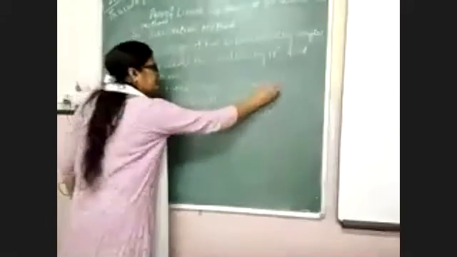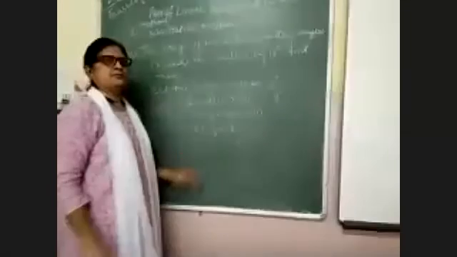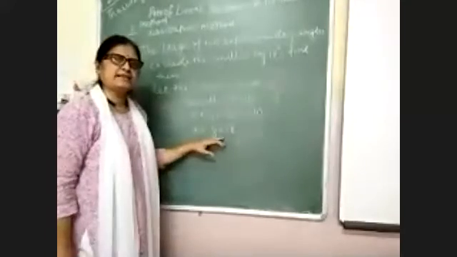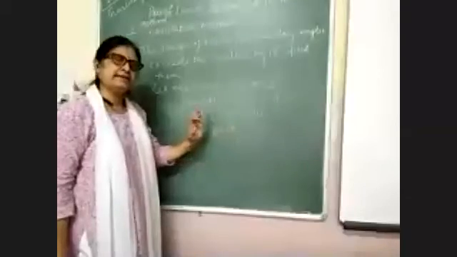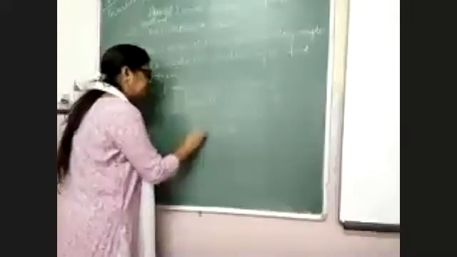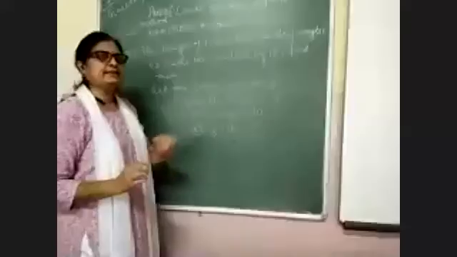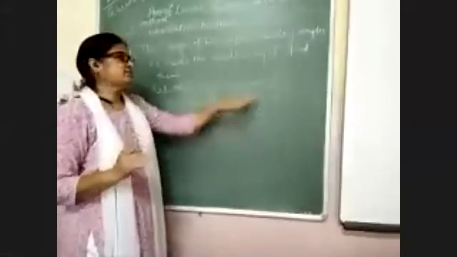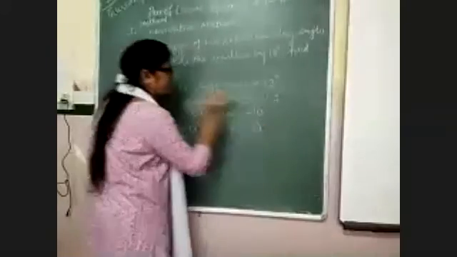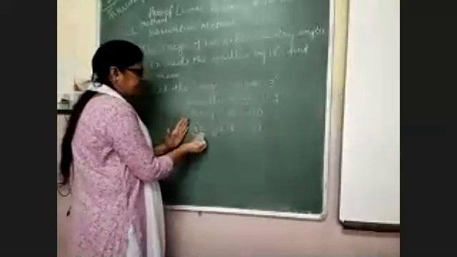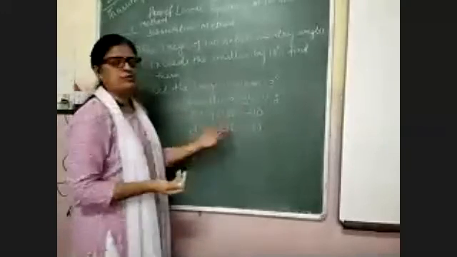The larger angle is 18 degree bigger than the smaller angle y, it exceeds it. This is your second equation, x equal to y plus 18, already given in this form.